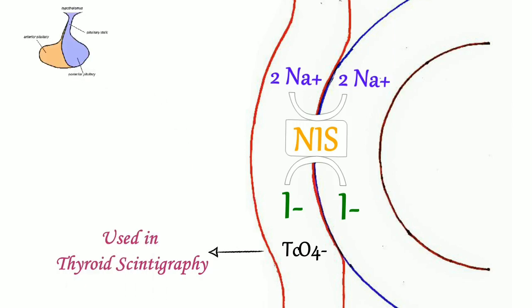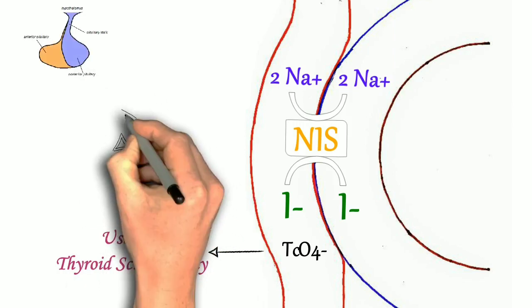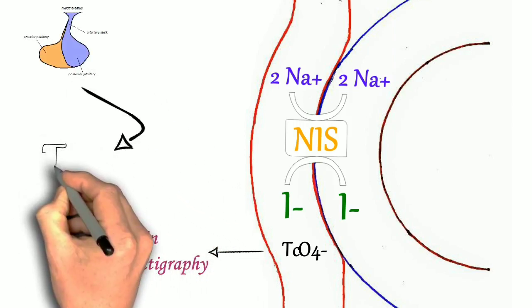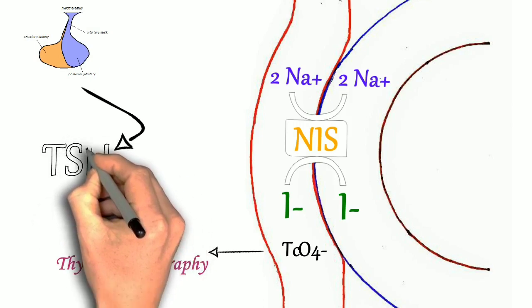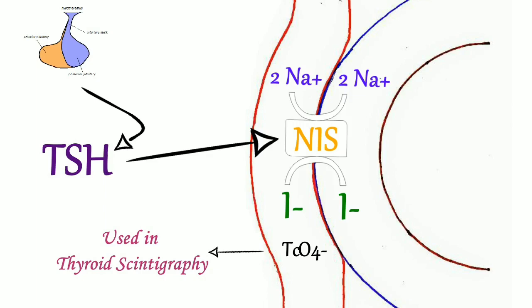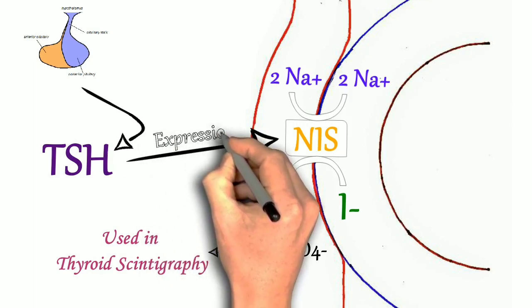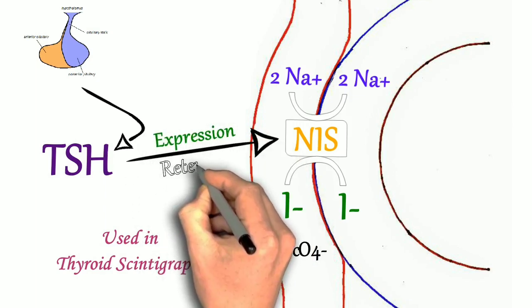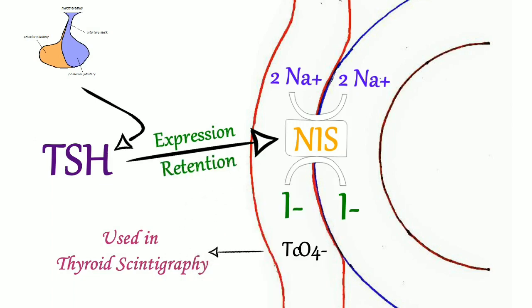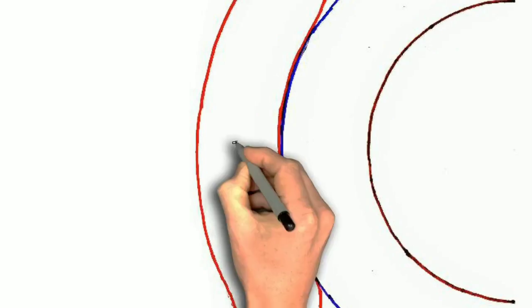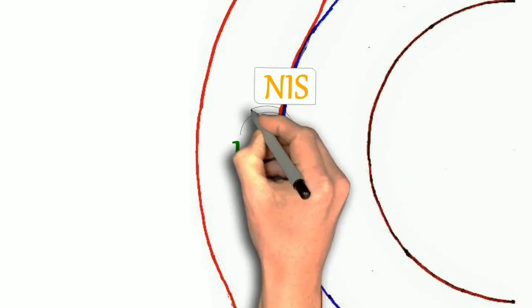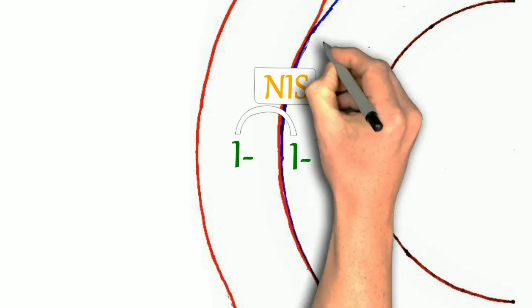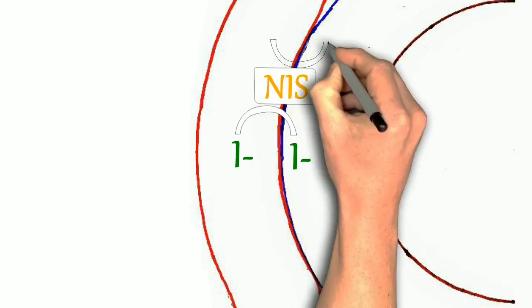Now, thyroid stimulating hormone or TSH, which is produced by the anterior pituitary, induces both NIS expression and the retention of NIS in the basolateral membrane, where it can perform the sustained iodide uptake. So, thyroid stimulating hormone is responsible for the NIS function.